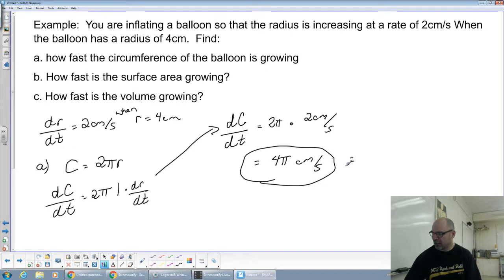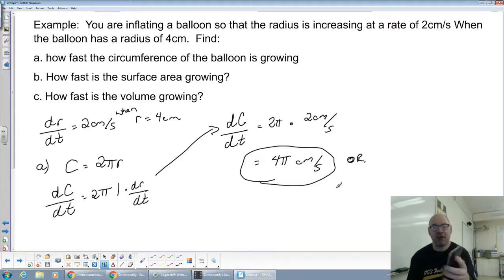And if you like it to the nearest tenth, pi being 3.14, you can write it like this: 4 times pi. Okay, so I'll just put it in the calculator.